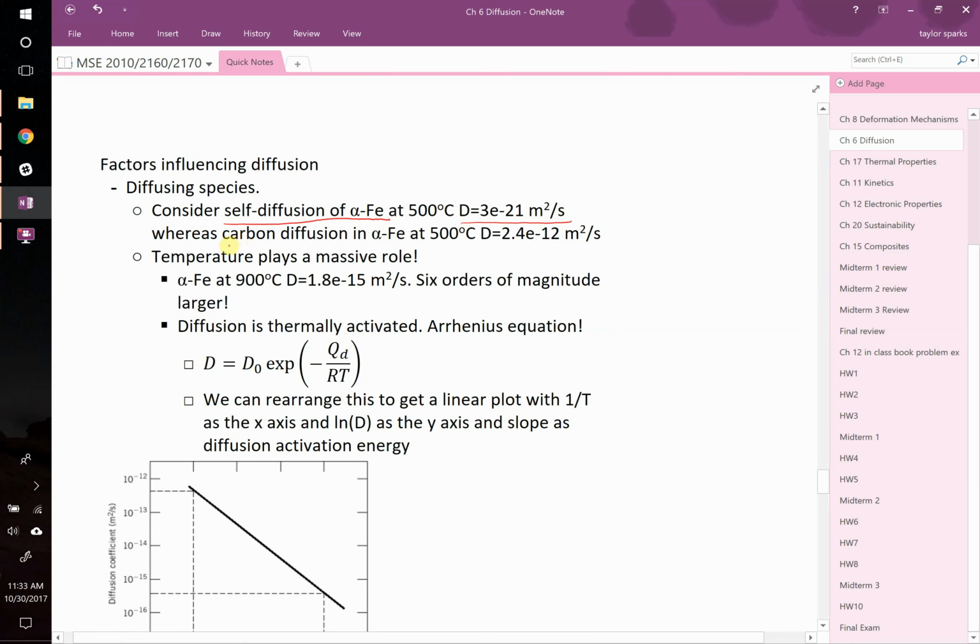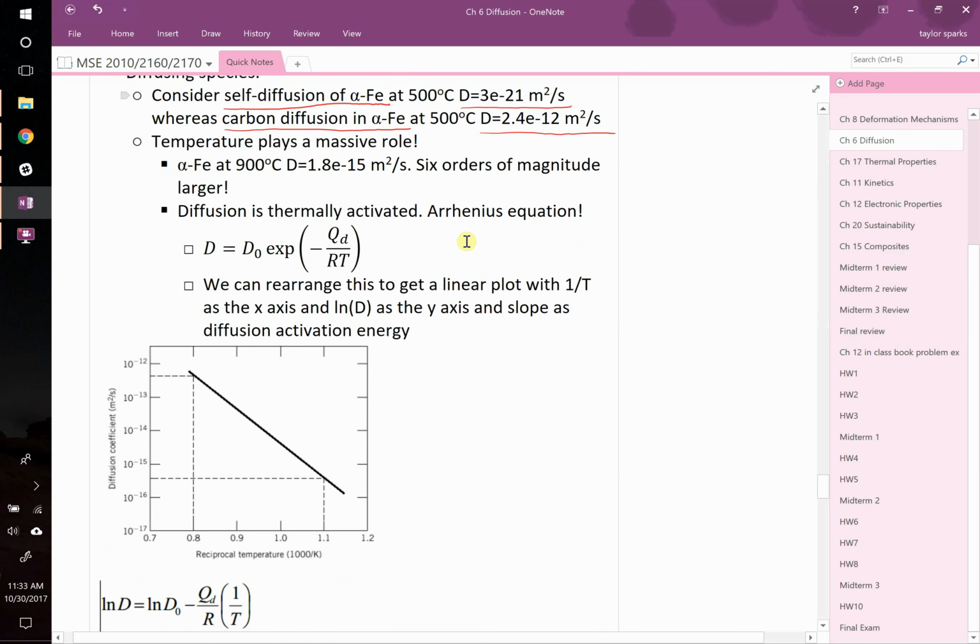But carbon diffusing in that same lattice is going to be massively faster, right? It's equal to 2.4 times 10 to the negative 12. So that's 9 orders of magnitude faster. That's 1 billion times faster. Carbon moving in the lattice versus iron trying to move from vacancies in that same lattice is going to be 1 billion times faster. So the diffusing species definitely plays a role.